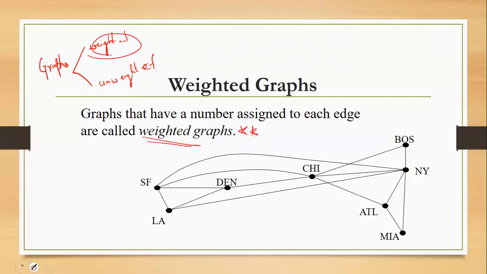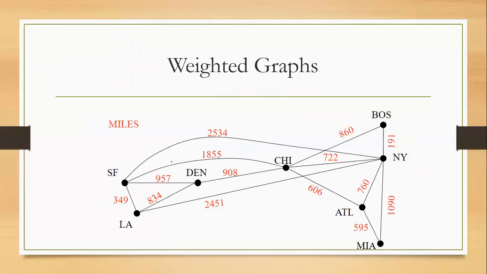Now we are taking the example. This figure displays the graph in terms of mileage: the number of miles, or the distance, between San Francisco and New York, Chicago and New York, etc. That is basically the distance between all the different cities.